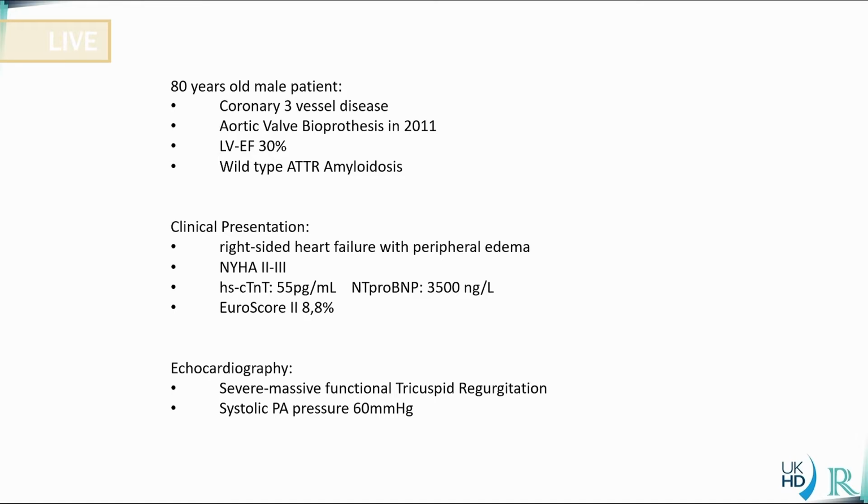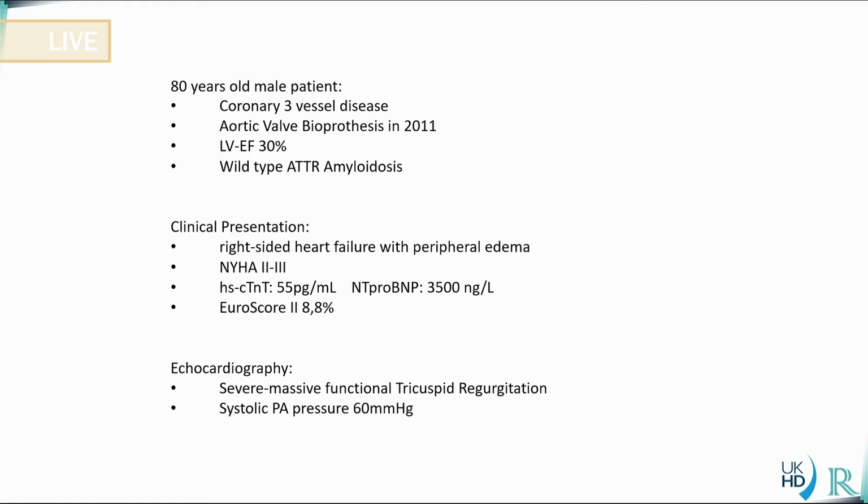He has a severely impaired cardiac systolic function with an ejection fraction of only 30%. He also has a severe diastolic dysfunction due to a transthyretin wild-type amyloidosis. His clinical presentation is primarily right-sided heart failure with peripheral edema. He has functional NYHA class 2 to 3.